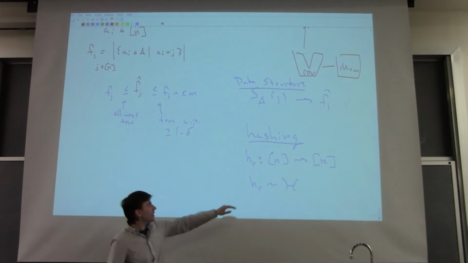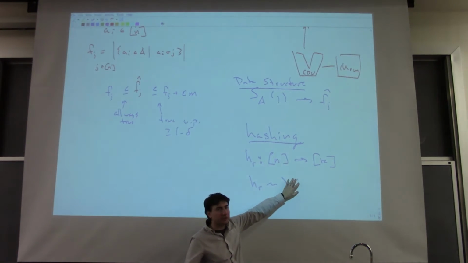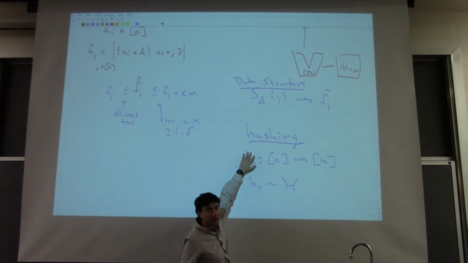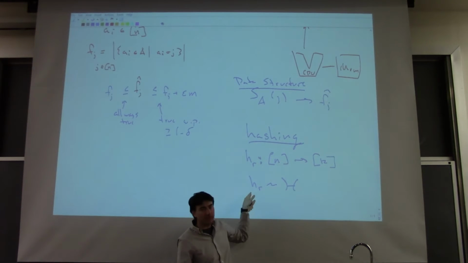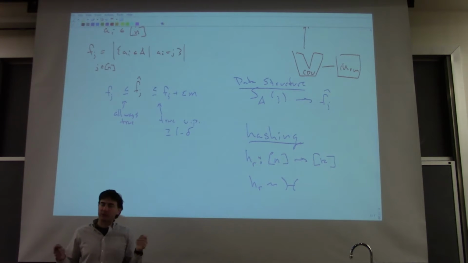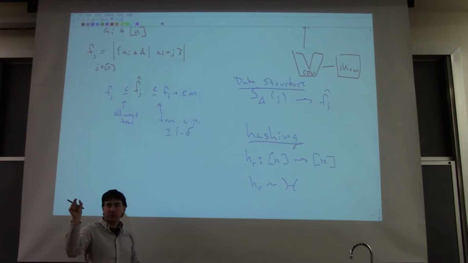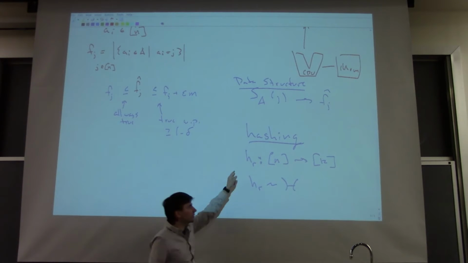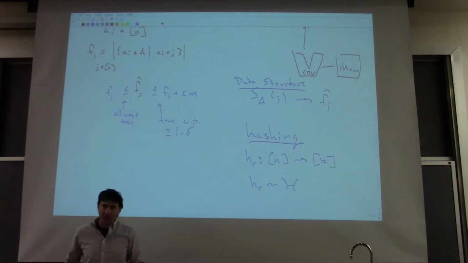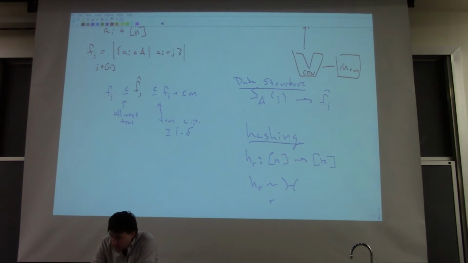When we pick this hash function from this distribution, now it's deterministic, but this choice was random. Like if you used a built-in hash function with a random salt or a random seed, as long as you use the same random seed, you got the same result every time. Remember how hash functions work. In this case, we're going to pick some number of hash functions. I use index r because we're going to have r go from 1 up to some variable t.